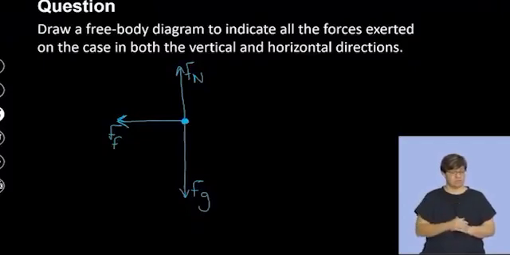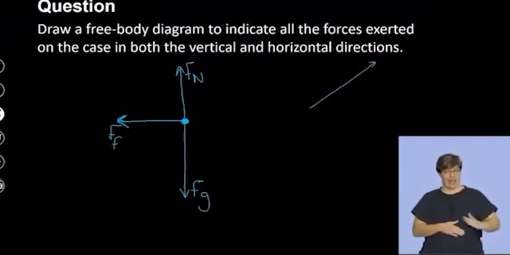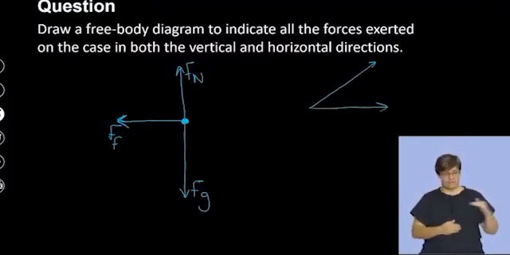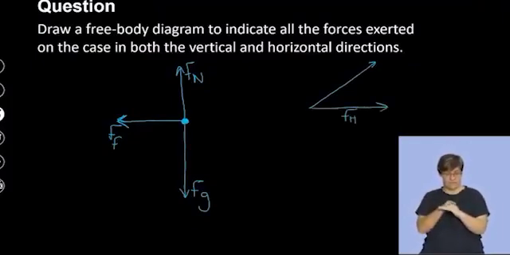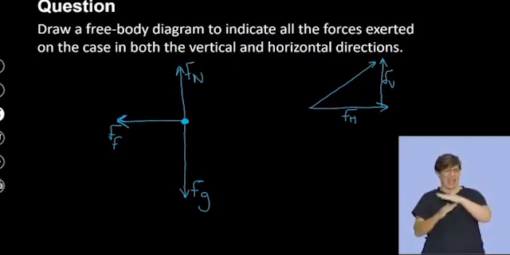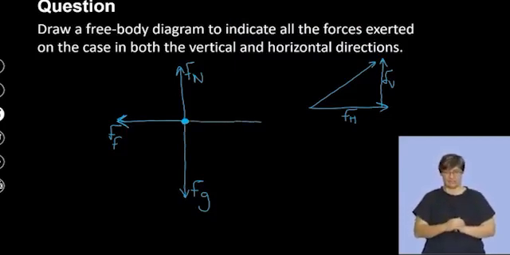Remember, it was at an angle. That means we have a horizontal component that's going to the right, and a vertical component that's going upwards. That's what they want on this one. They don't want the one at an angle.